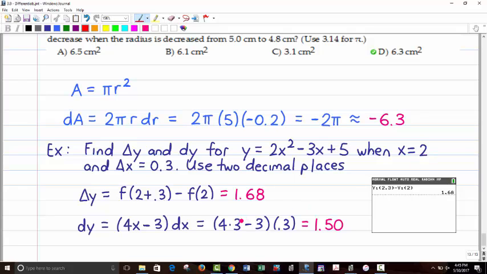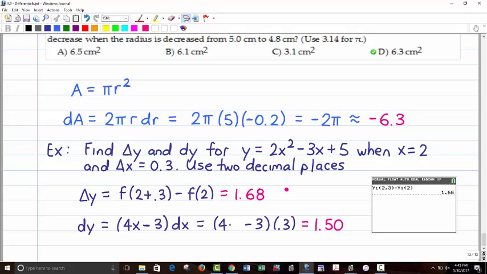So, got a problem right there. Hopefully the answer will still be right. That should be 2 there.